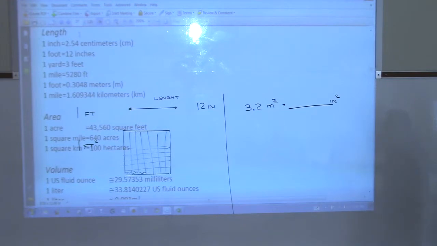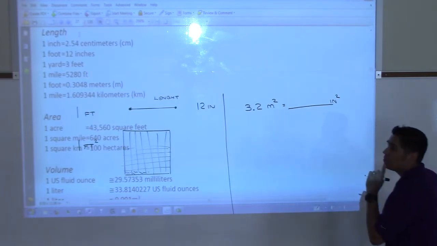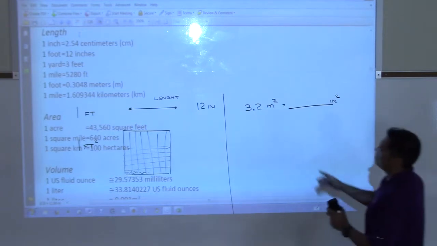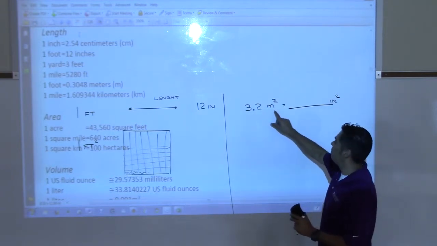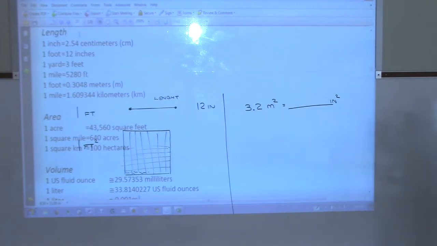Okay, so we have to get this converted over. How in the world are we going to do this? Should we go meters to centimeters? Are we just going to move the decimal point over?